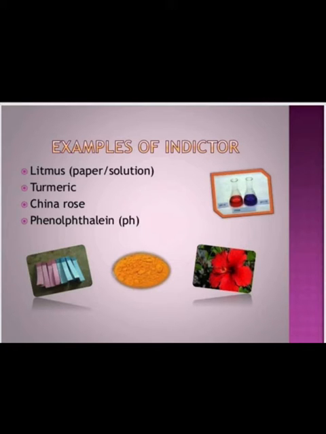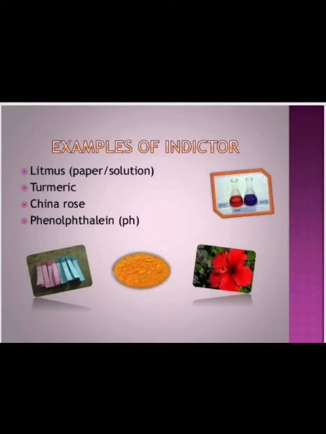Yes, it is mixed with some water and you will get turmeric paste. Apply this turmeric paste on filter paper or normal paper and dry it. We will get turmeric indicator paper. It is yellow colored. It is used like litmus paper, children.